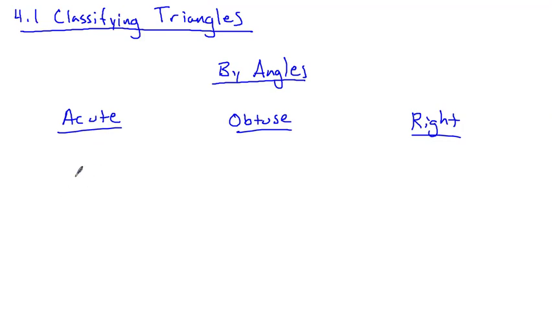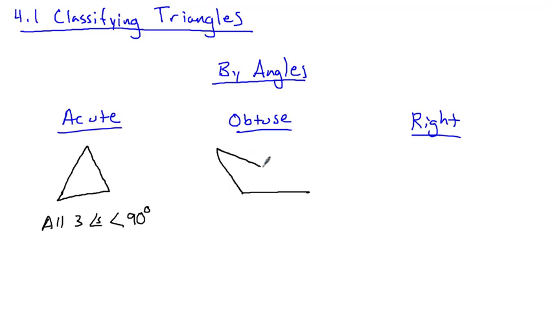So an acute triangle is a triangle where all of the angles, so all three angles, are less than 90 degrees. And this is how you want to be able to write this stuff. An obtuse triangle is a triangle where one angle is greater than 90 degrees.